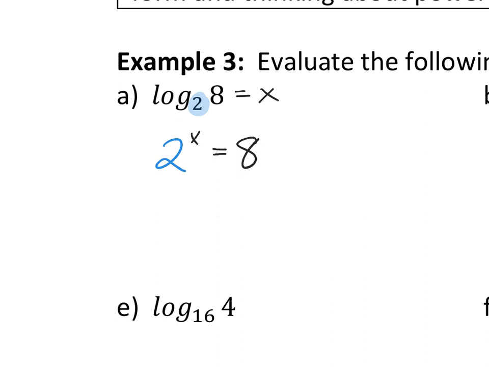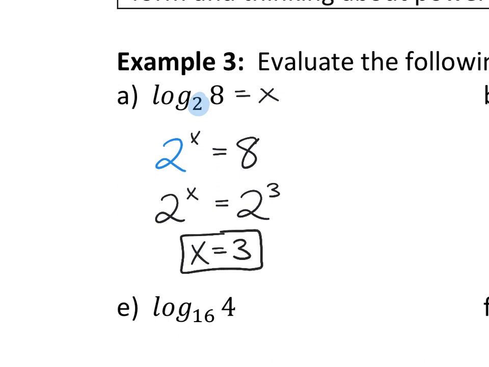But if you think about your power families, isn't 2 to the 3rd power the same as 8? 2 times 2 is 4 times 2 is 8. And if these two expressions are equal to each other, what is the value of x? 3. Because if the bases are the same, the exponents must be equal to each other.